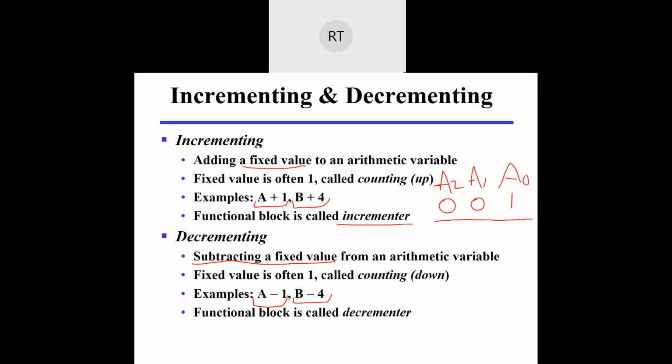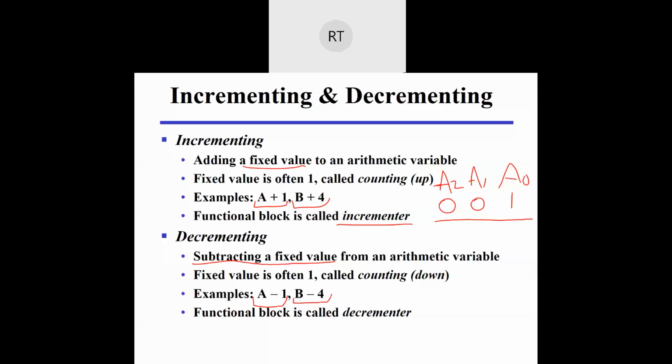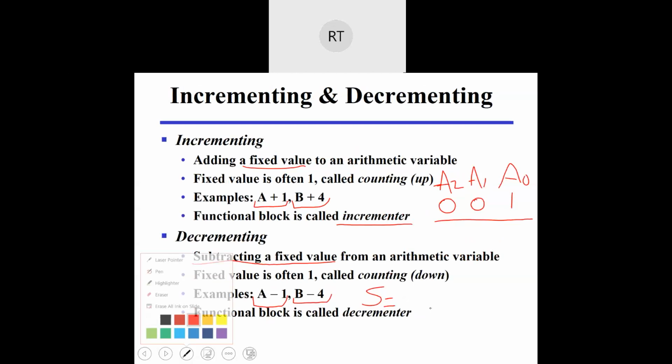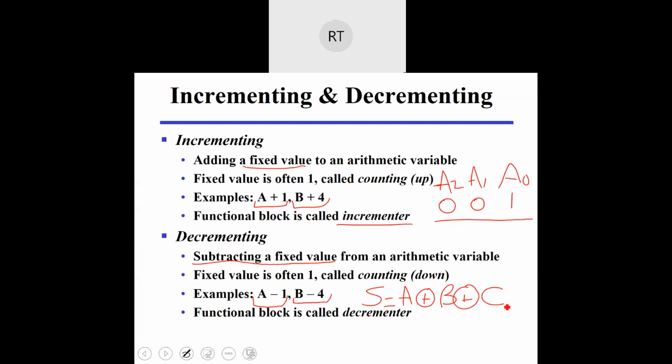So here in this example, you have to use the formula for the full adder. In the example that you will do in the assignment, you will have to create the formula of the full adder, where the sum, if you remember, is equal to A XOR B XOR C. So if you are doing it for 1 bit at a time, it's going to be A0, B0, and the carry in.